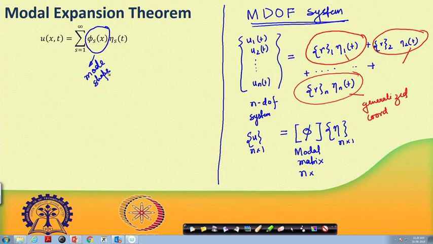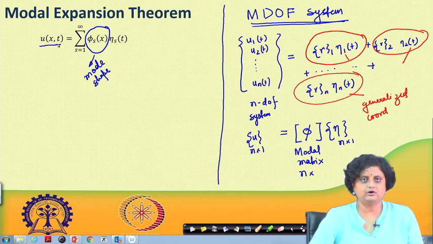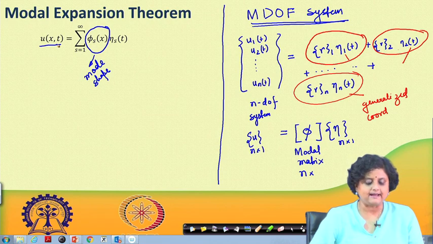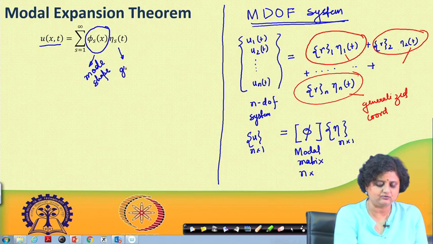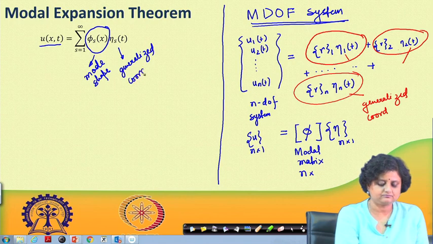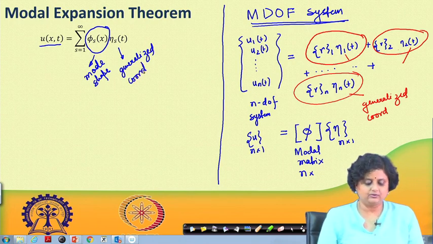So, according to modal expansion theorem, any arbitrary displacement, which is a function of both x and time, can actually be expressed as this summation, which is phi s into eta s, which is again the generalized coordinate or the natural coordinate.